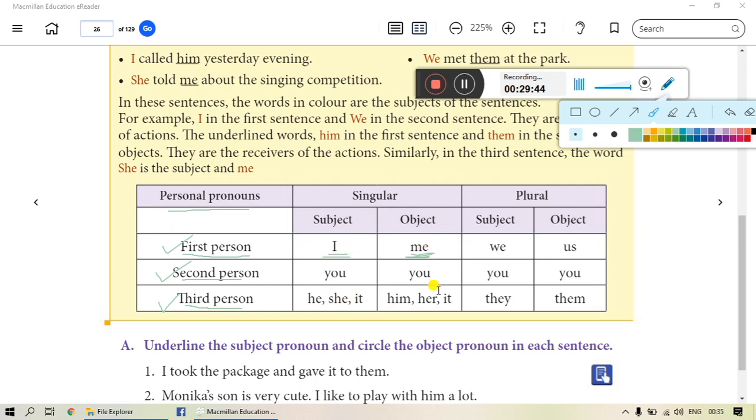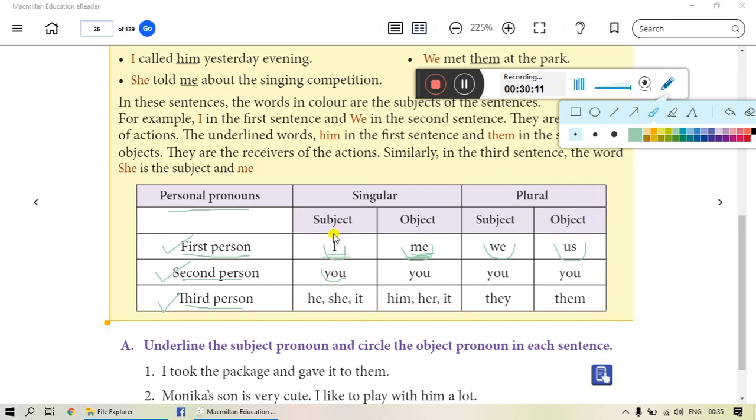And third person pronoun can be subject or object in singular and subject and object in plural. In singular, if you're talking about only yourself, you will say I or me. But when you are talking about more than one person, you will say we or us. But in second person, it's all you, because we don't change it.